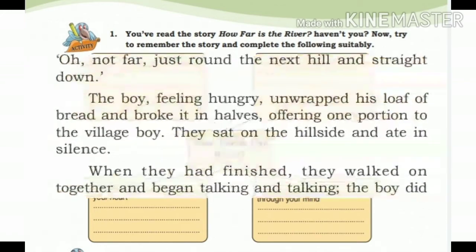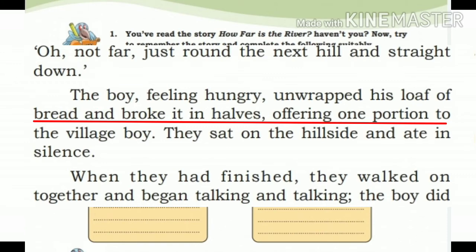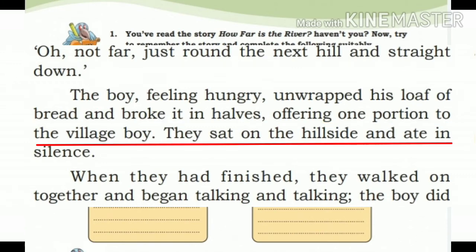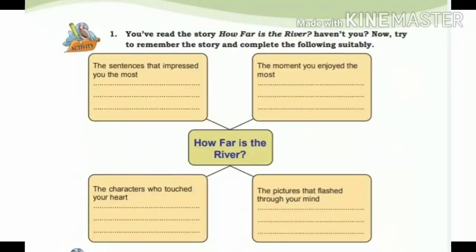For example, the moment the boy, feeling hungry, unwrapped his loaf of bread and broke it in halves, offering one portion to the village boy. They sat on the hillside and ate in silence. I like this portion because I like the boy's sharing mentality. This is an example, you can write moments like this. You can write however many moments you like.